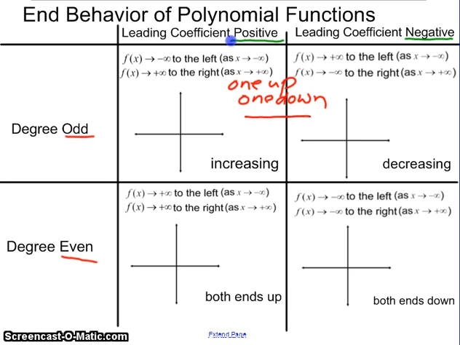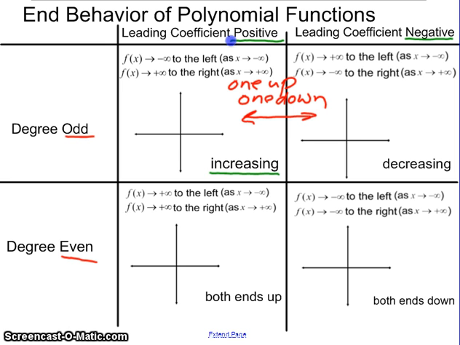That would be for both of these. Anytime there is a degree odd polynomial, there's going to be one up and one down. Okay? And I've put these words here because I think this makes it easier to understand instead of the technical words.